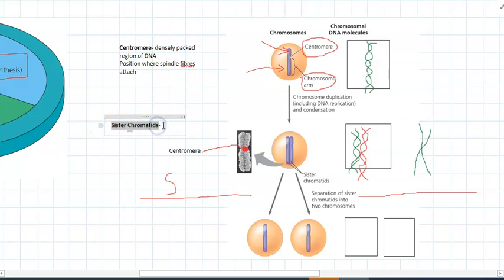So if you ever hear chromatids, that means we're specifically talking about the chromosome after it's copied its DNA, and it's now two DNA strands next to each other.